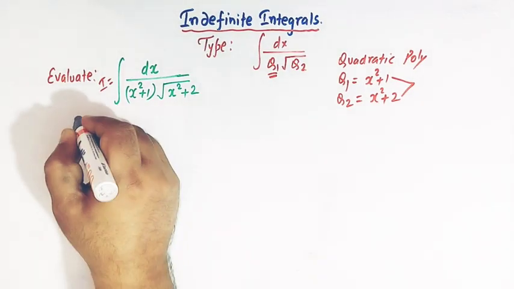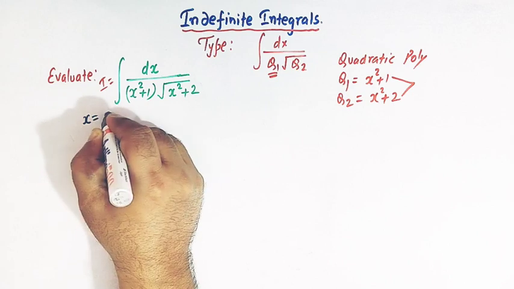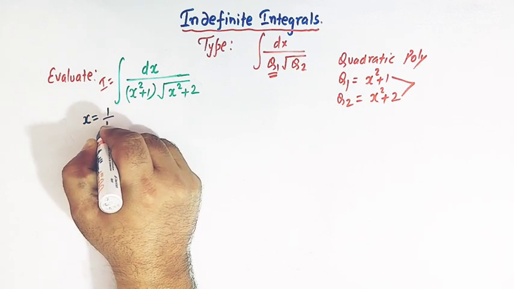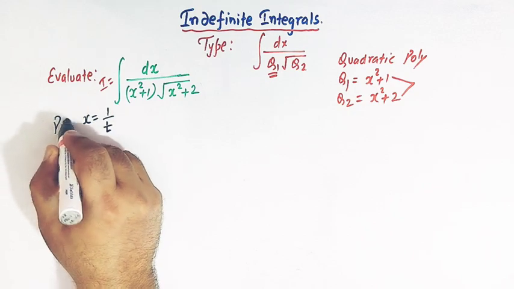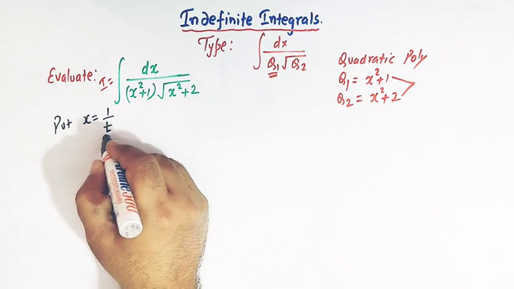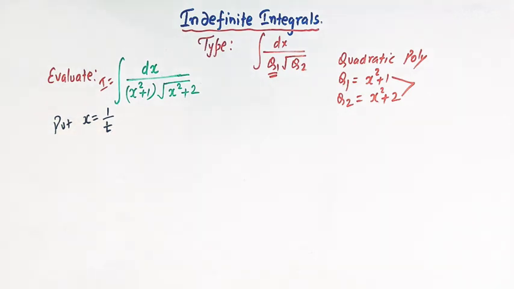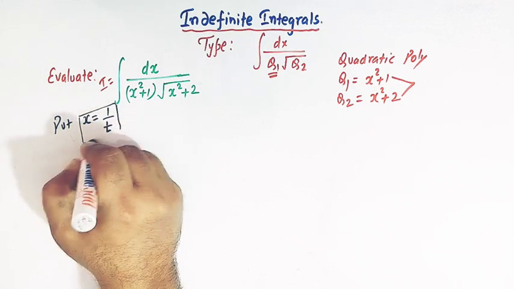The first step is to take x is equal to 1 over t. So first of all, we'll put x is equal to 1 over t, that is, we'll introduce this parameter or variable t.